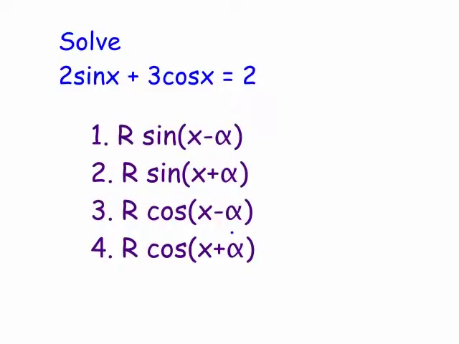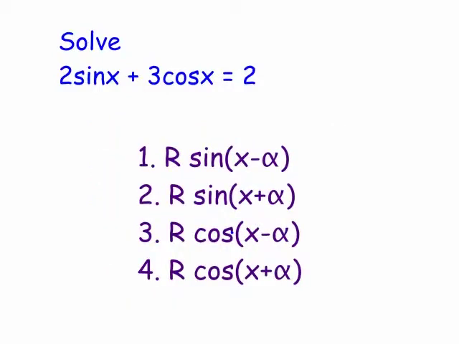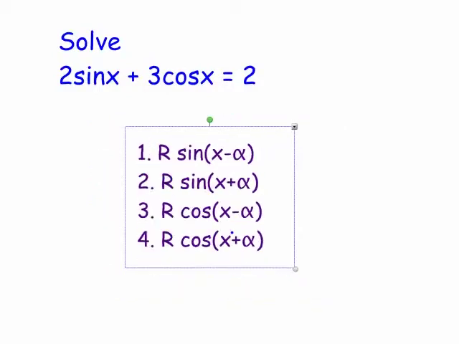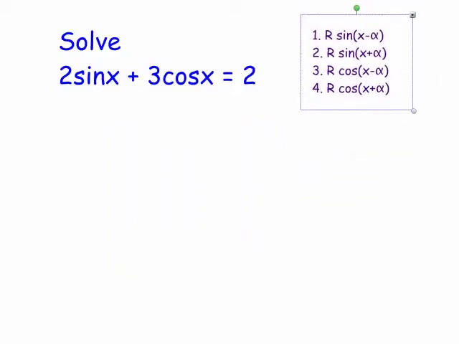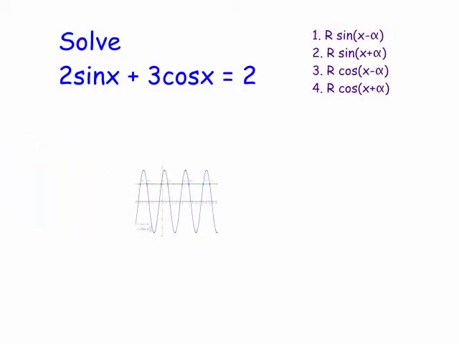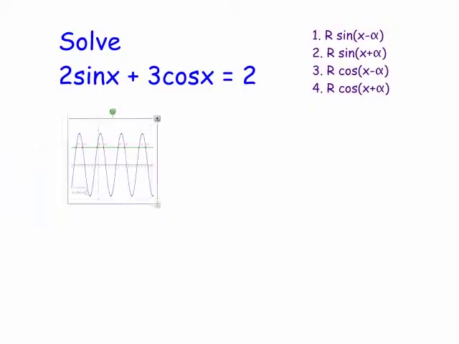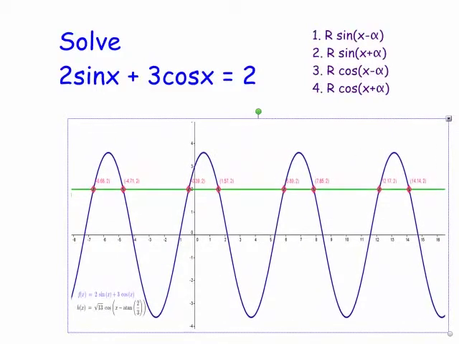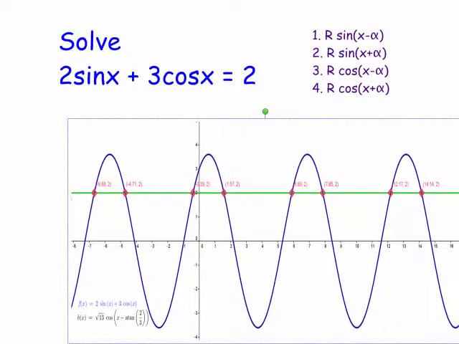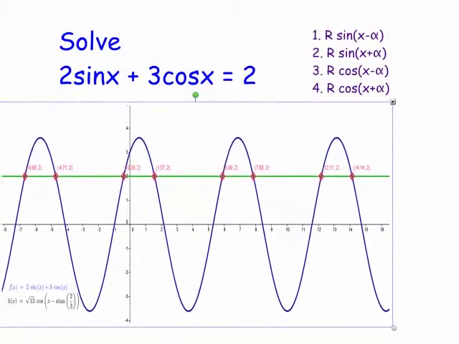Okay, so let's move this away and have a quick look at this snapshot from WinPlot. We can see what we're actually after is these x values. You can see the coordinates of these points.